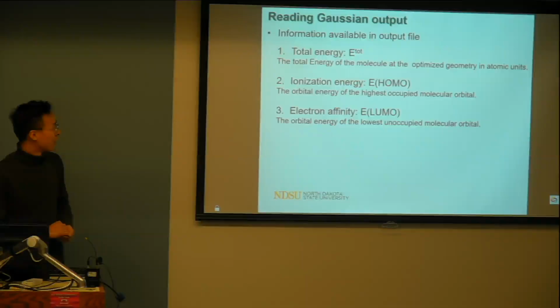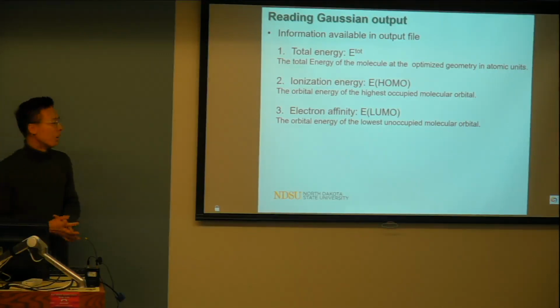Why is it called ionization energy? HOMO energy means the orbital energy of the highest occupied molecular orbital. And what is the ionization energy?